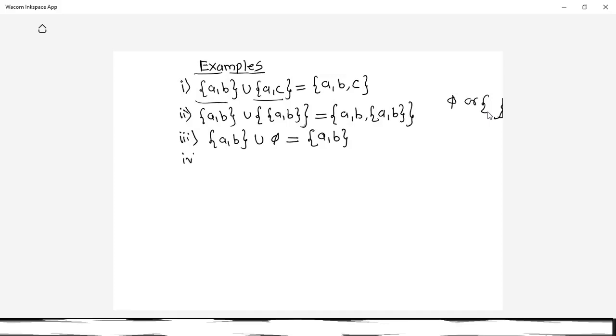Next, {A, B} intersection {C, D}. Intersection is the set of common elements between the two sets. If you look at these two sets, there is no common element, and hence the result of this intersection operation will be phi, that is the empty set.